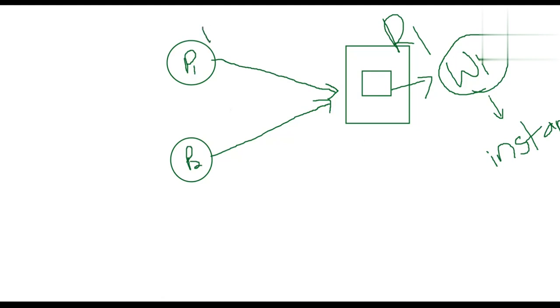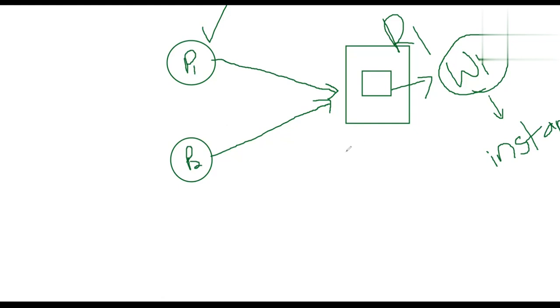Maybe P1 will be able to hold this resource and P2 will not, and it has to wait. Just because of requesting the same single instance resource at the same time, one process will go into a waiting situation, and that can be a reason for deadlock.